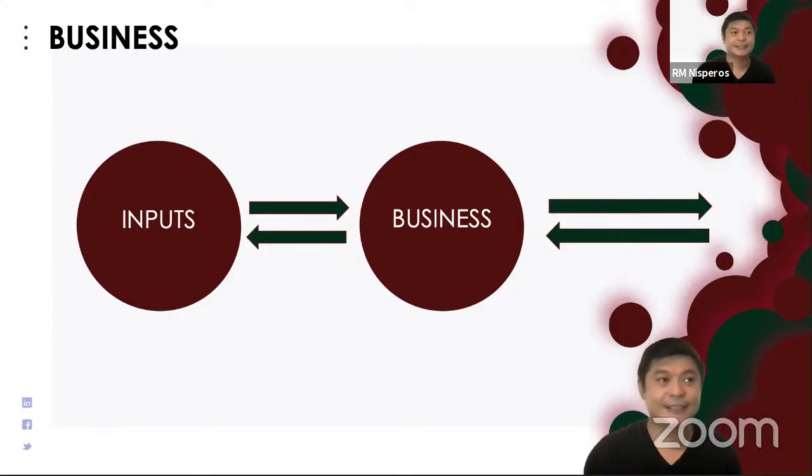So business is an organization, an entity that offers value to its customers. Simply as that. So they offer value, and in return, they would get a sort of value in return for providing that benefit to your customers.